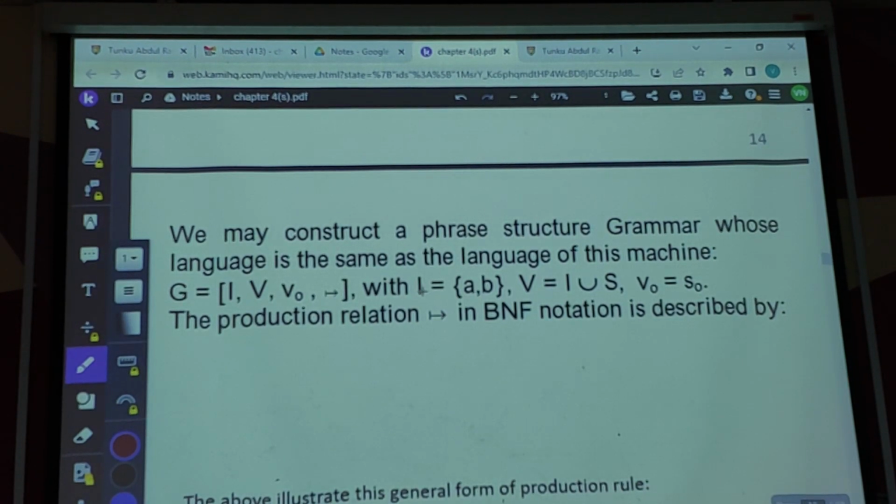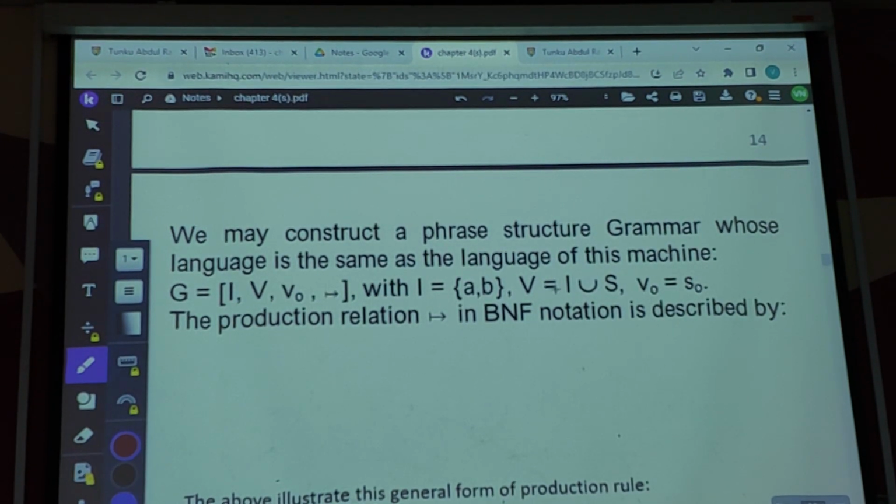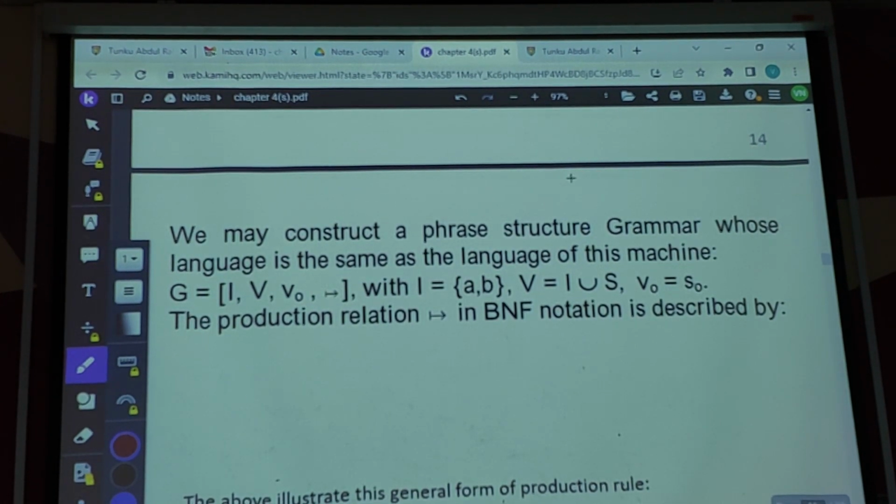The I now refers to the inputs A and B. The V, the non-terminal, will consist of the input combined with the states. So the non-terminal in this case includes the input and also the state set, all the states. You have V0 starting with S0.